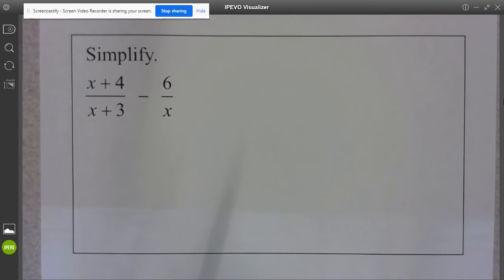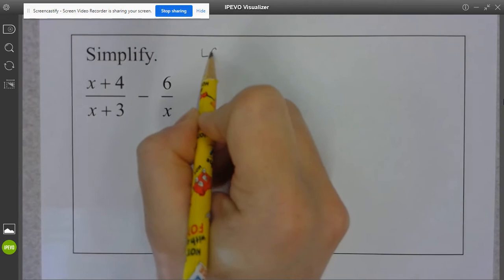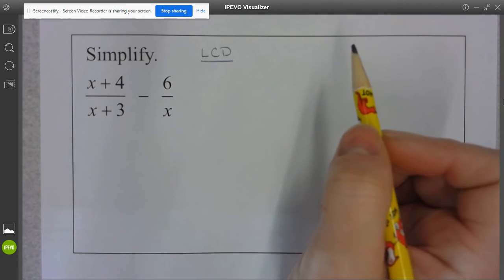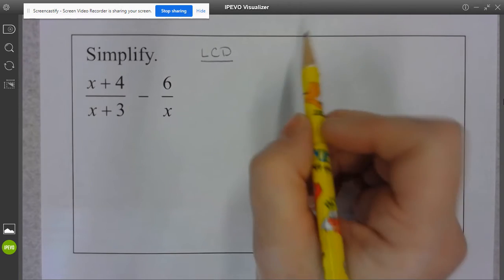So looking here, 9 times out of 10, if your denominators are a binomial or a binomial and a monomial like this, 9 times out of 10, your least common denominator is going to be just multiplying them together. So here, and I'm going to just write these out for the first couple problems so you kind of get used to it in your head.